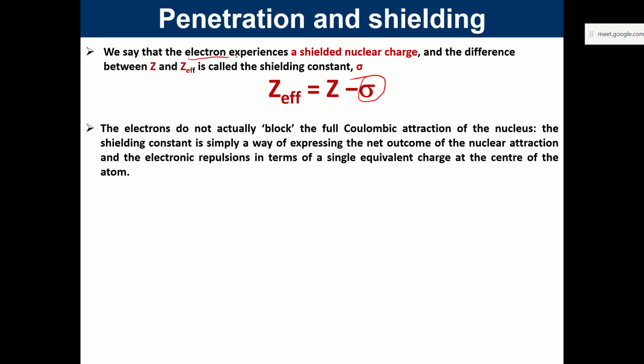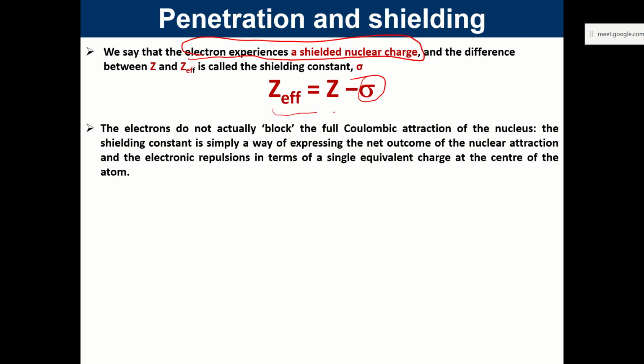So the electron experiences a shielded nuclear charge. The inner core electrons form a shield for the nucleus, and do not allow the outer electron to see the total charge at the nucleus. It is not able to feel the total force.